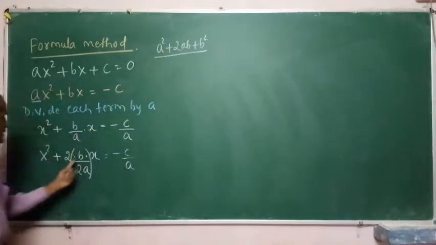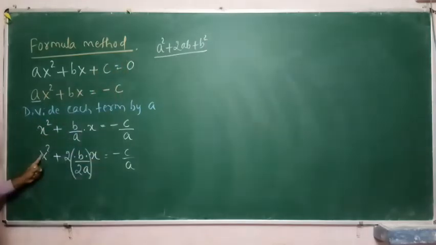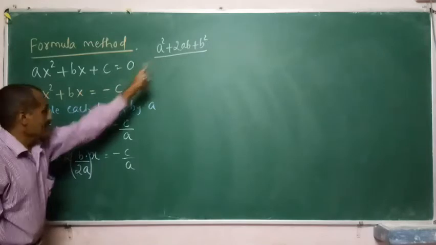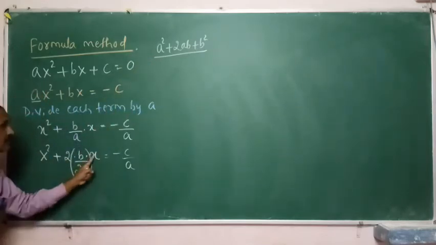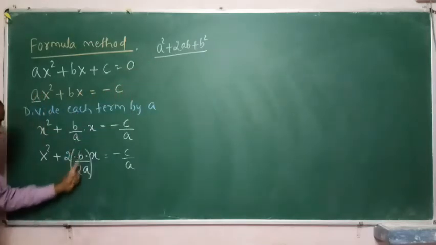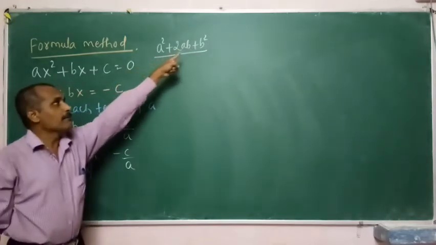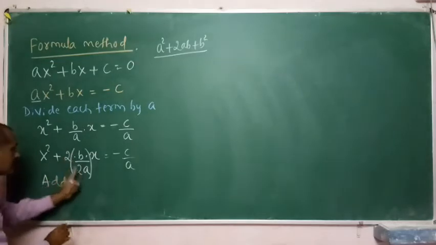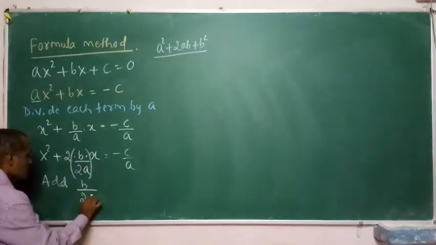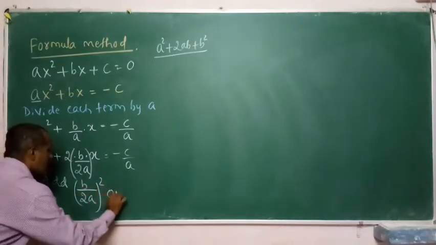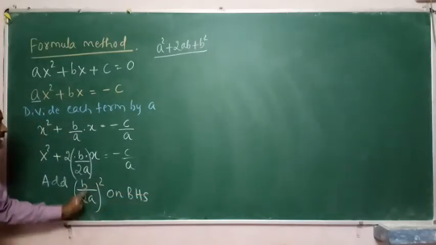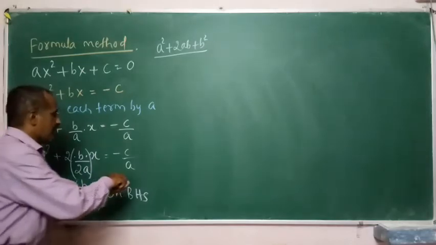2ab is equal to minus c by a. When you compare this, a square, x square, plus 2, a is here, into b, that means this is my b. I want a b square. I will write here b by 2a the whole square on both sides. This is my b square term. This b square I have to add to both sides.